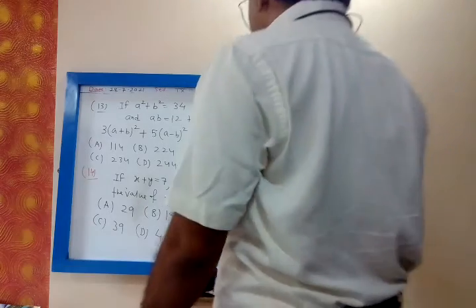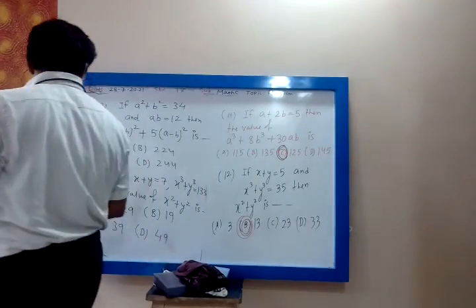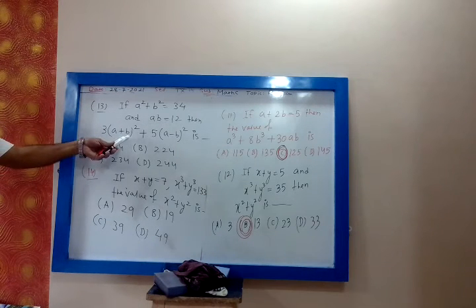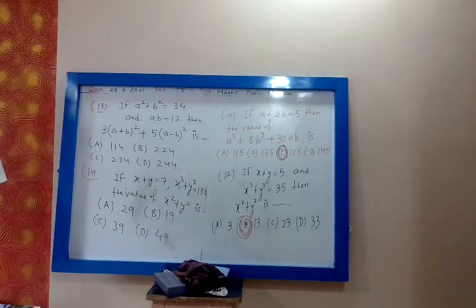Now do 13 and 14. In this 13, first you find a plus b, then you find a minus b, and then you get the answer.